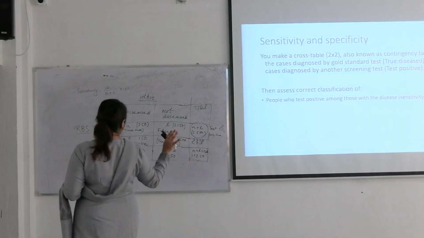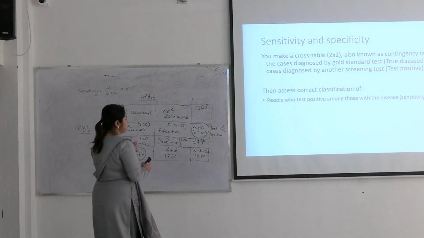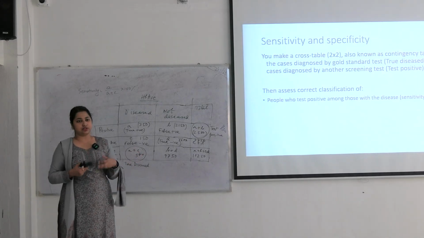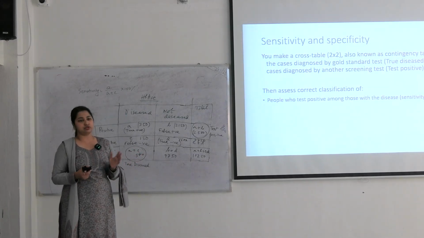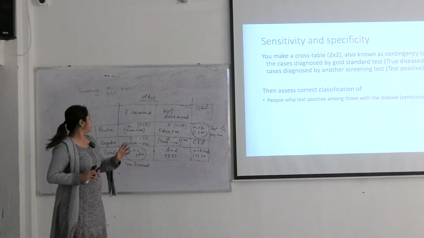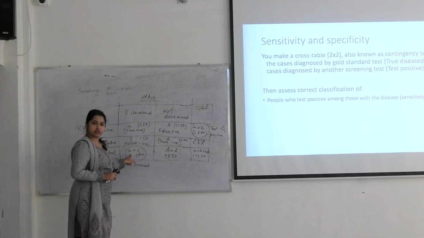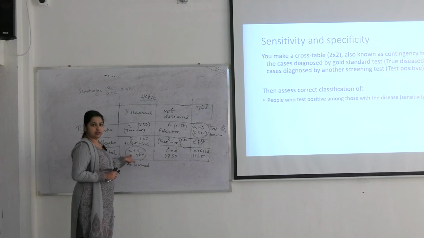Those who test positive among those with the disease, test positive in the respective of the screening test. Those who are testing positive in the screening test among those who are truly diseased. এই HbA1c তে 500 জন ডিজিজ এসছে, 500 people have come positive. So I am assuming that 500 people only are having the disease and no other else.